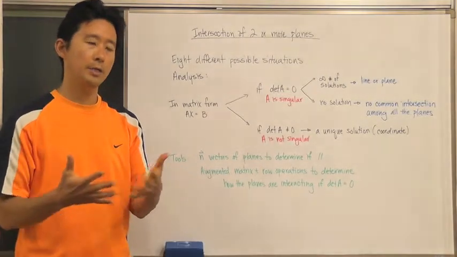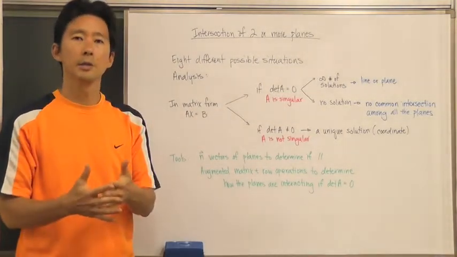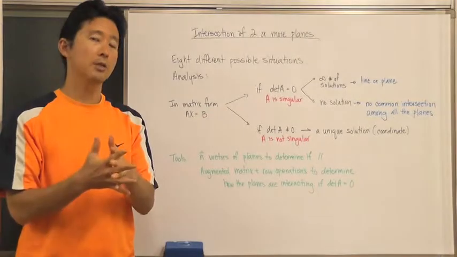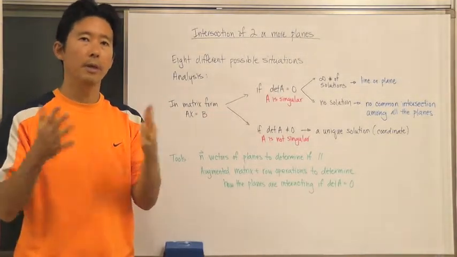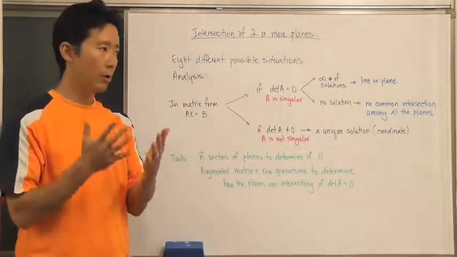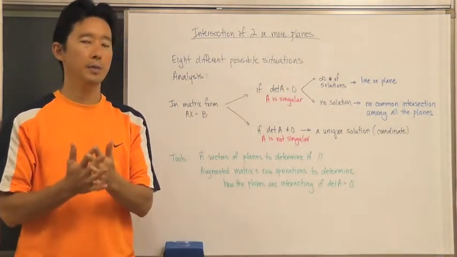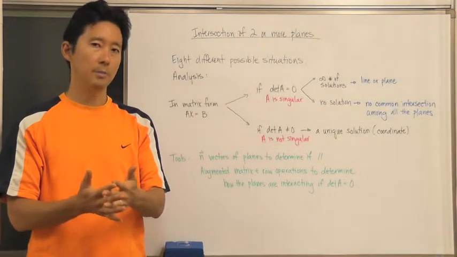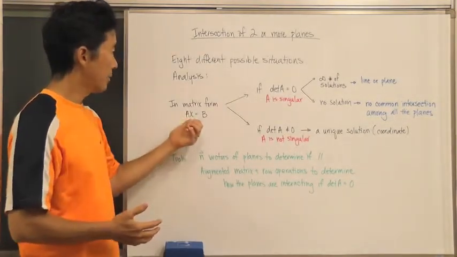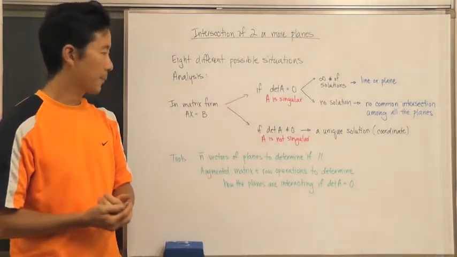So all 3 planes are intersecting in one location. They're intersecting in other locations as well, but only 2 at a time. But we need to find the location where all 3 planes are intersecting at the same time, because that is going to represent the solution of the 3 by 3 matrix equation.